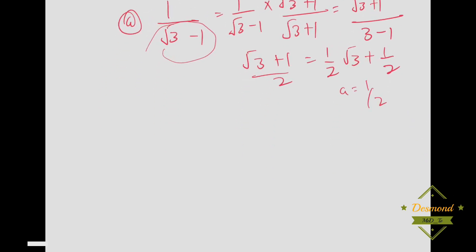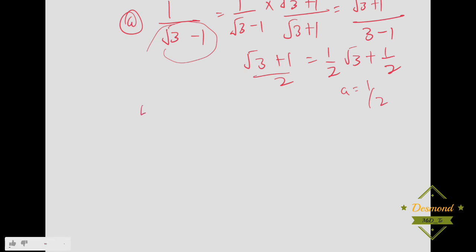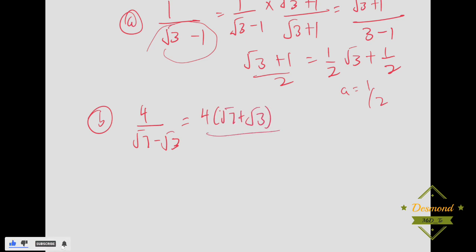You can take another example. Let's say we have 4 on root 7 minus root 3. Multiply both the numerator and the denominator by the conjugate of the denominator. So we will have 4 multiplying root 7 plus root 3 on root 7 minus root 3 multiplying its conjugate, so that's root 7 plus root 3.